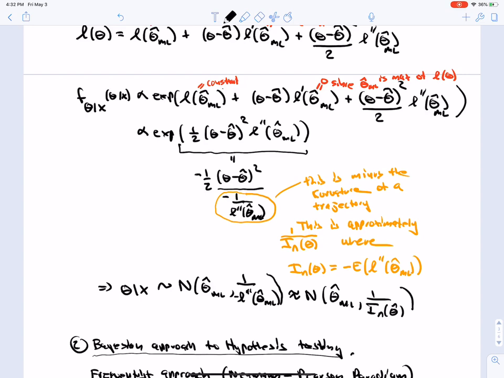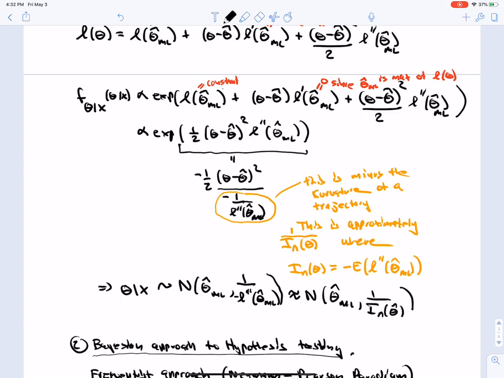Actually, it's minus the expectation of the curvature at the ML, and here the expectation is you're averaging over all trajectories, whereas here in our denominator we have just the curvature of a single trajectory.